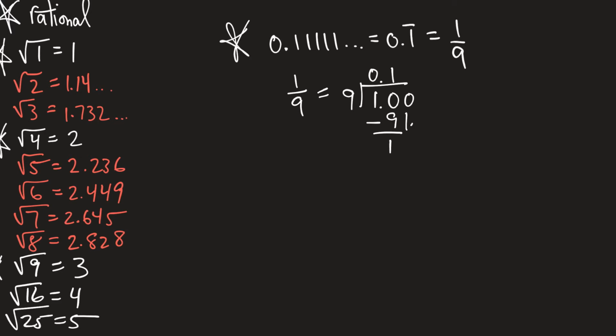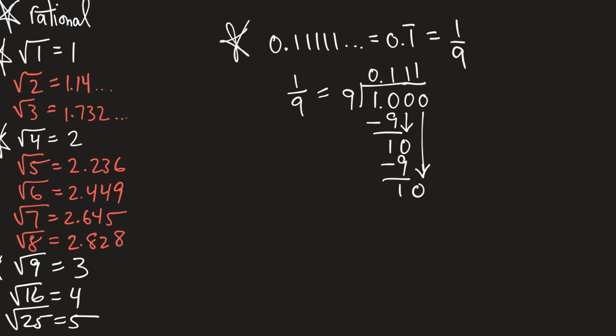I'll add another 0, and 9 goes into 10 one time again, and you might notice what's happening here. I get this decimal 0.1, and this is going to keep on going, on and on and on, which is exactly our original decimal. So if I divide this and turn it into a decimal, I get that. So that means this, or this, is equal to that, because I can bring it back.